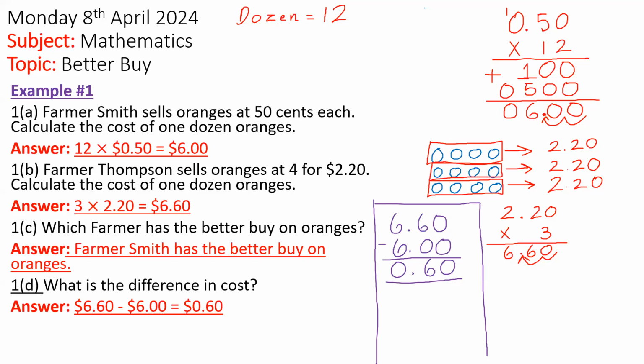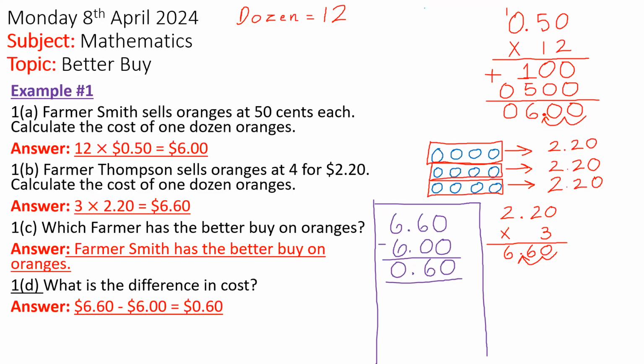Then for B, it says Farmer Thompson sells oranges at 4 for $2.20. Calculate the cost of 1 dozen oranges. So we group the dozen oranges into 3, and each 3 costs $2.20. So we multiply 3 times $2.20 and we get $6.60.